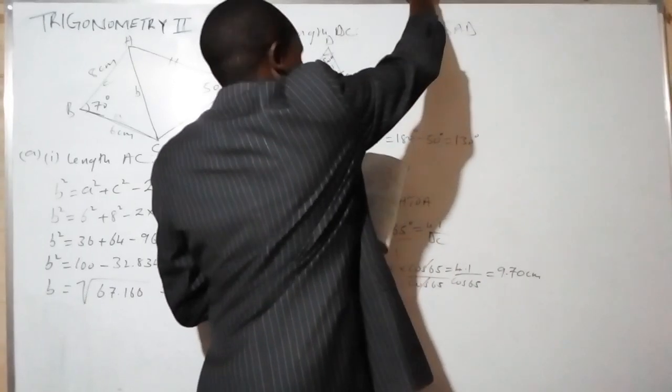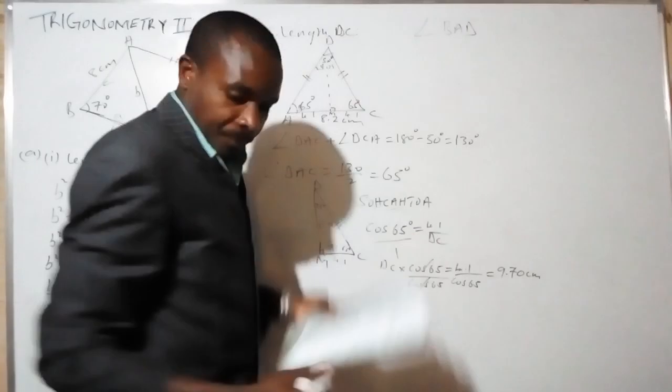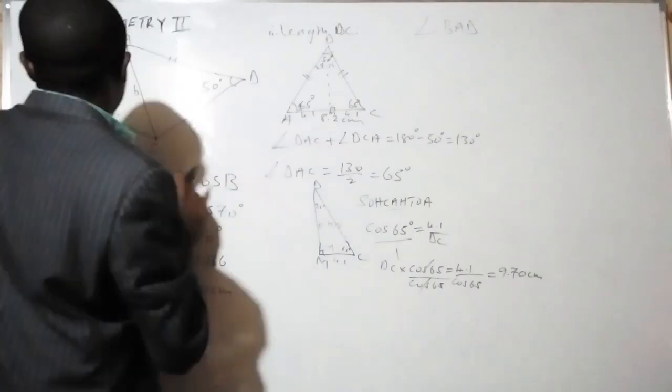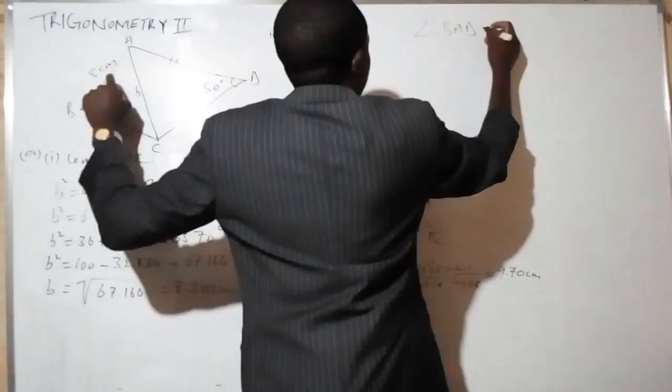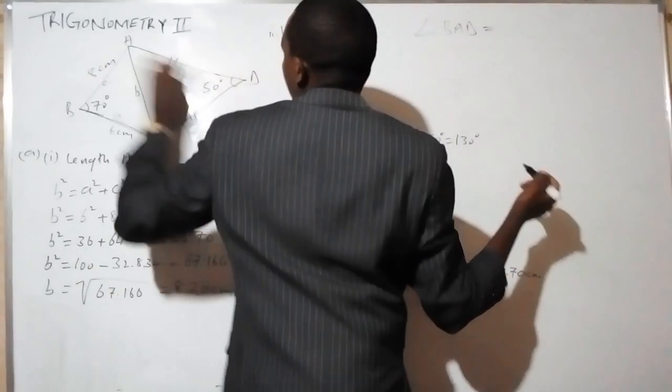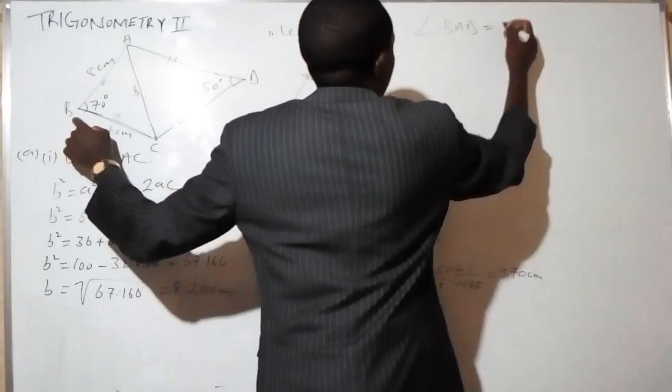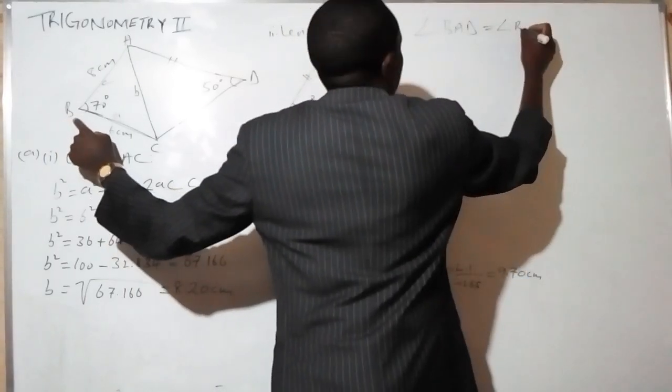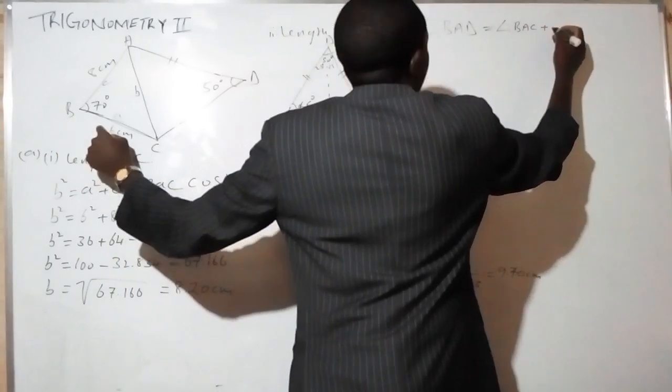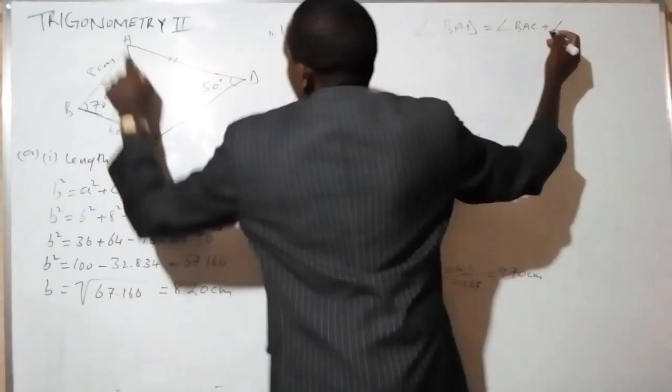Angle BAD is supposed to be equal to angle BAC plus angle CAD.